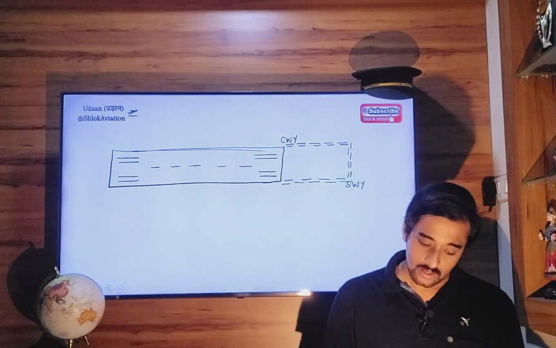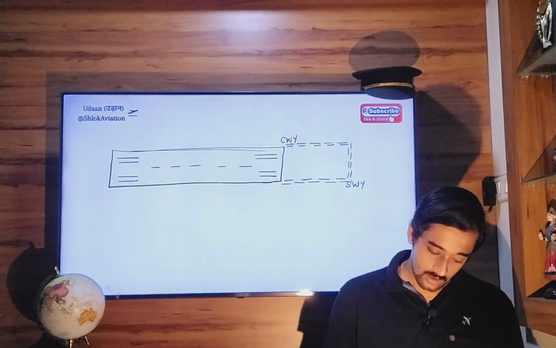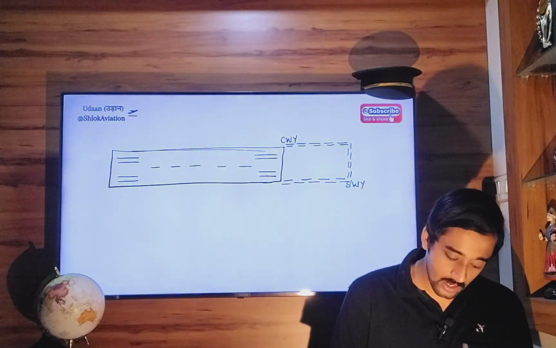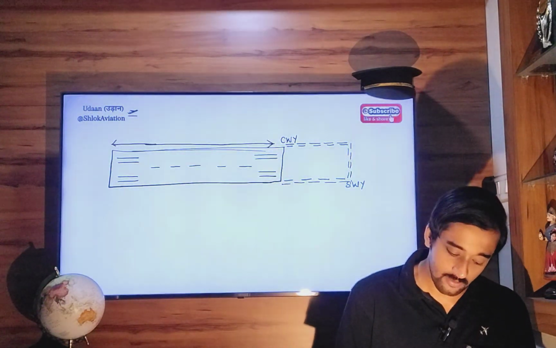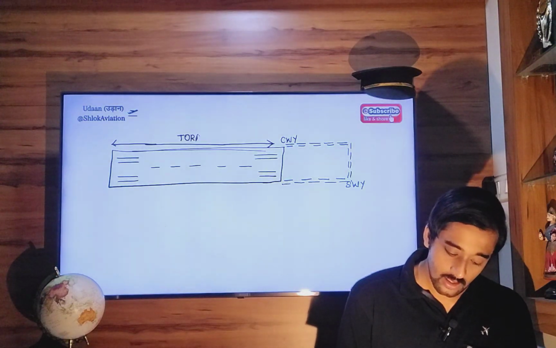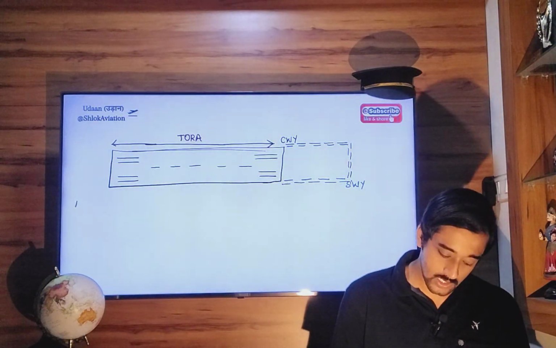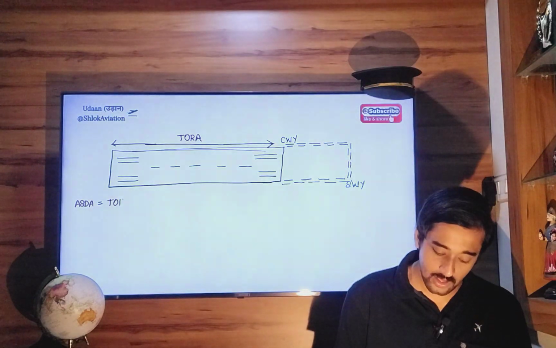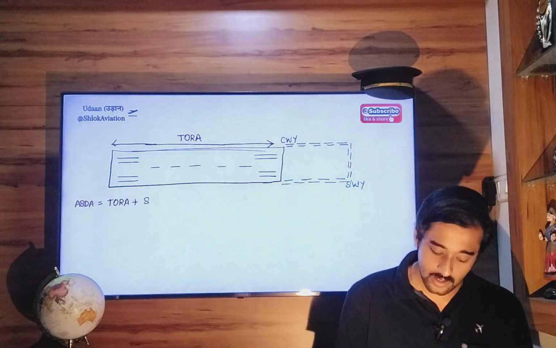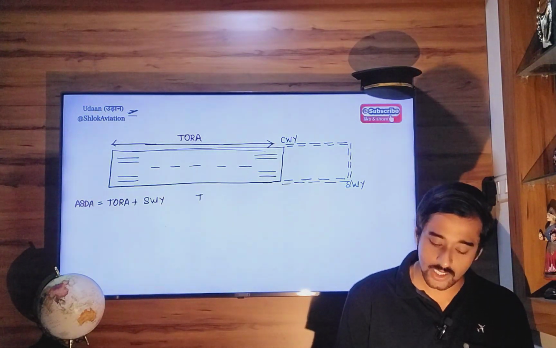Now this much is takeoff run available. Now what is accelerate stop distance available? It is takeoff run available plus stopway, right? And what is takeoff distance available?